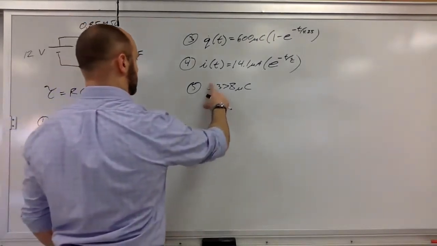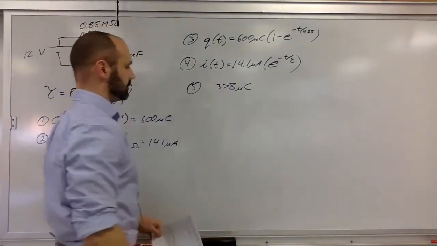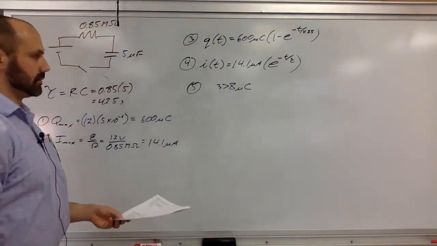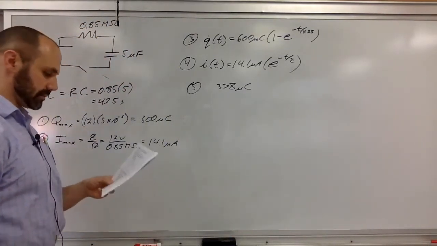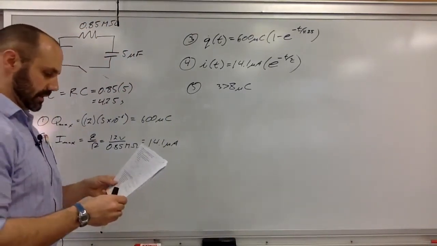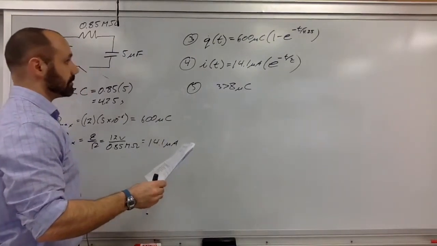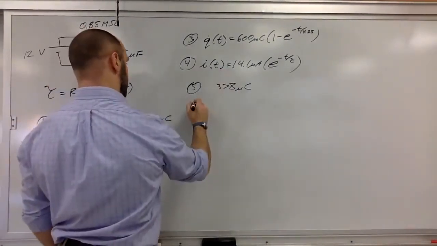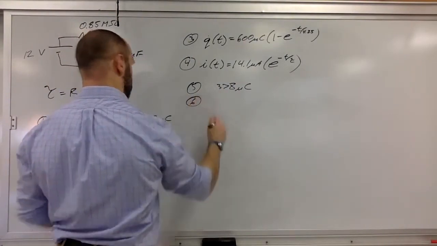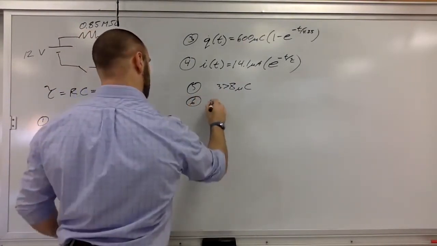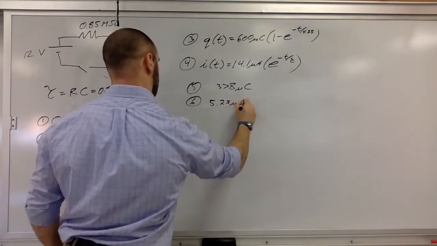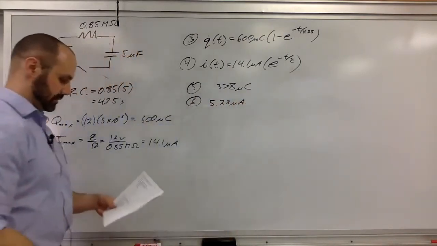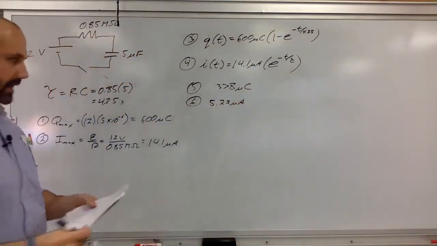It's got to just be 378 microcoulombs. And then the current is going to be 37% of that after 1 time constant, which is, I think, about 5.22 microamps. Now we want the graphs.